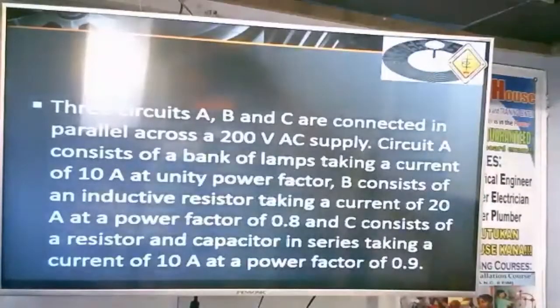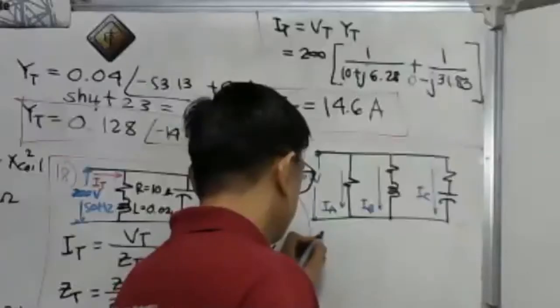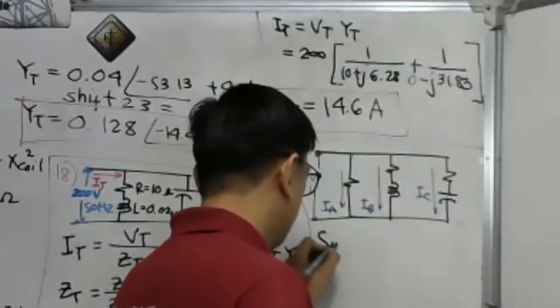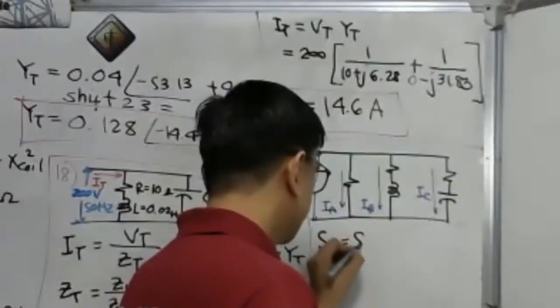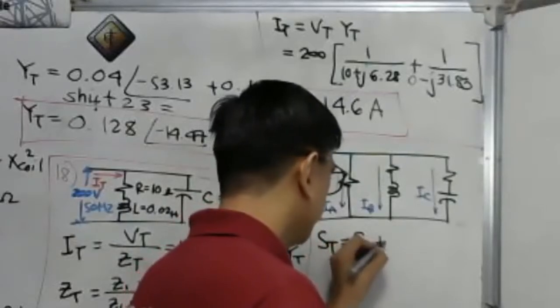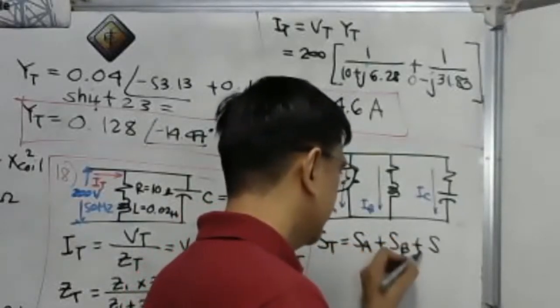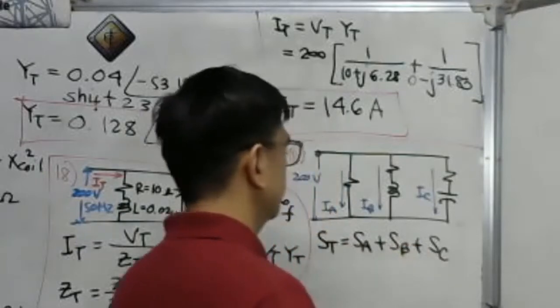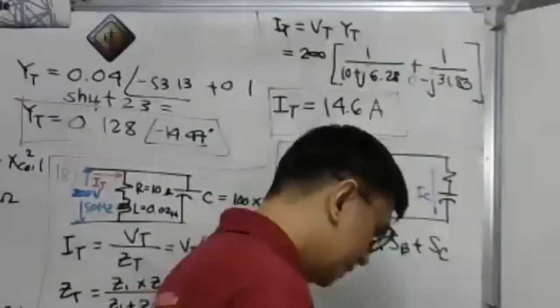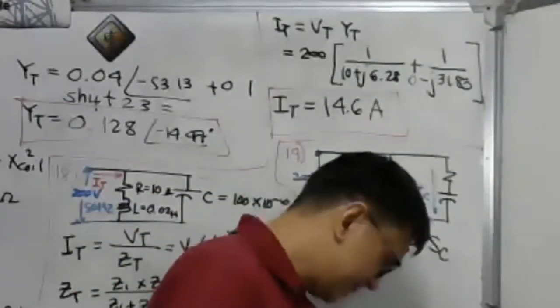We are going to calculate this. Let us get our total apparent power, which is equal to SA plus SB plus SC. Please take note of that.